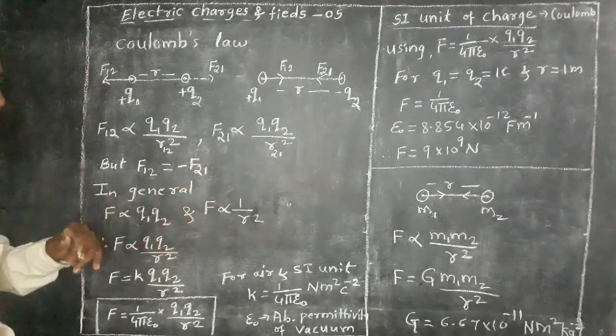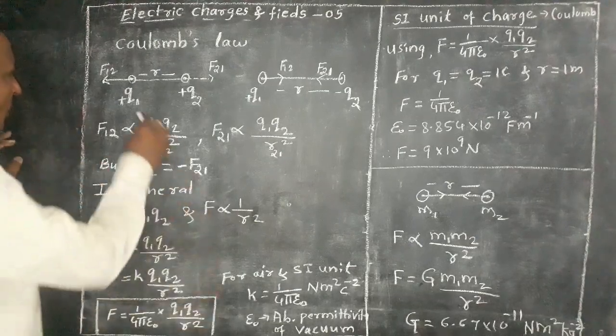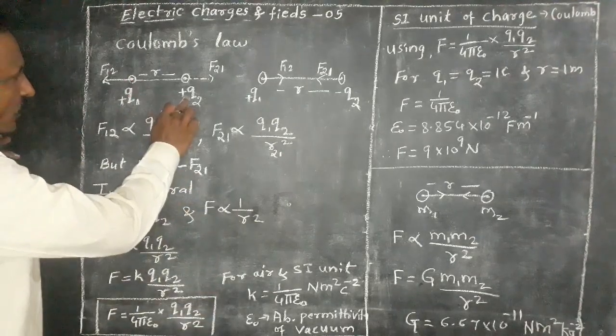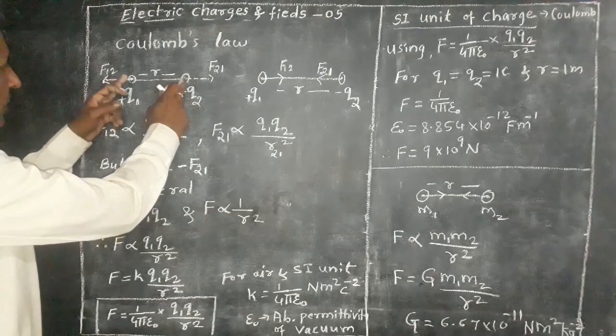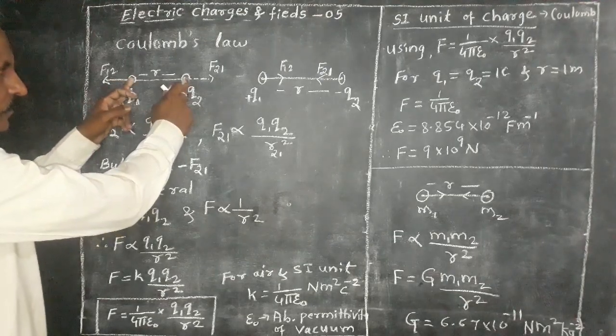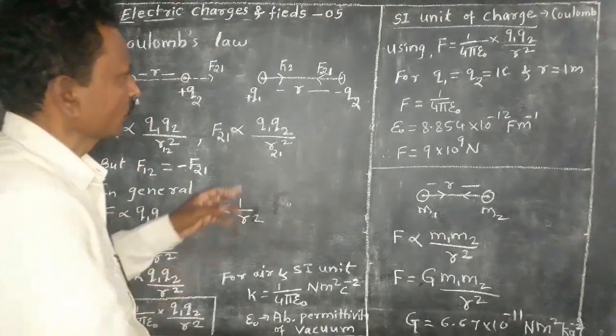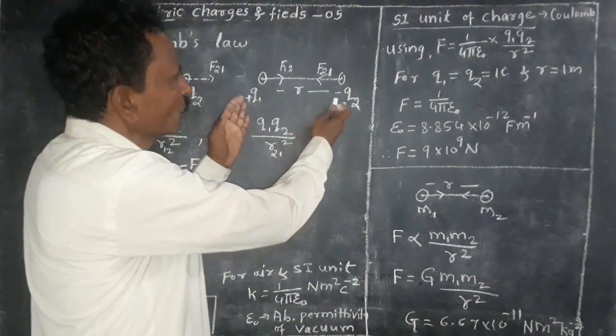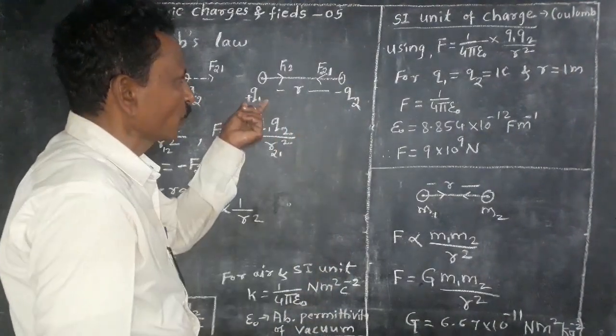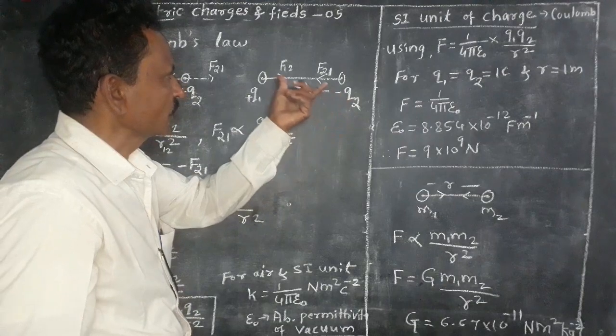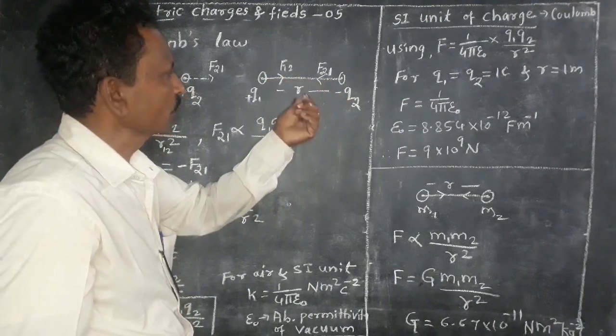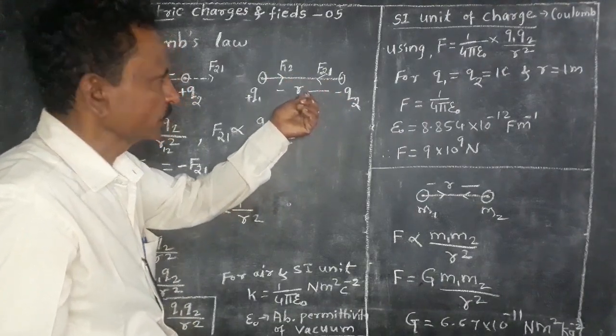Now consider 2 point charges plus q1 and plus q2 separated by a small distance r, and now consider two unlike charges, that is plus q1 and minus q2 separated by the small distance r.